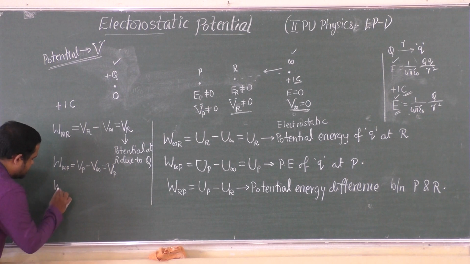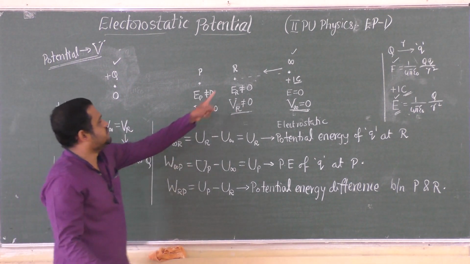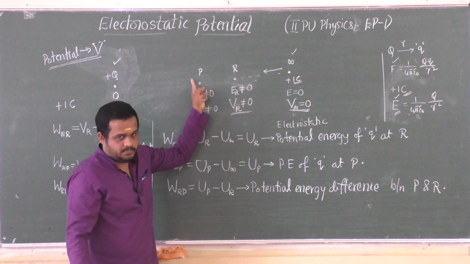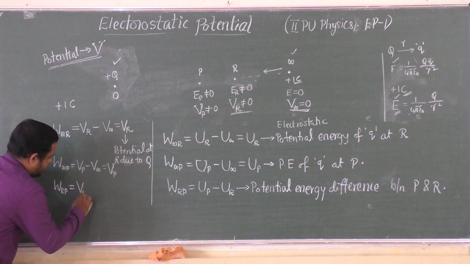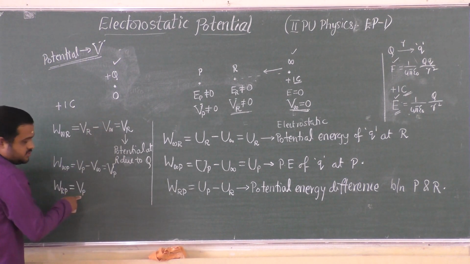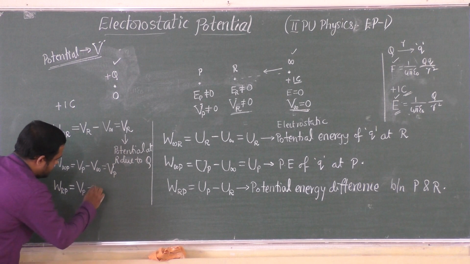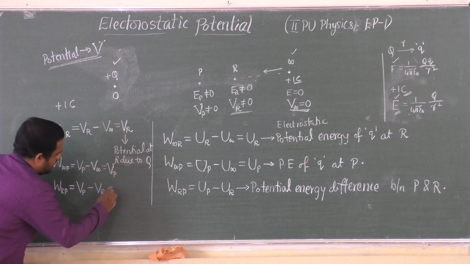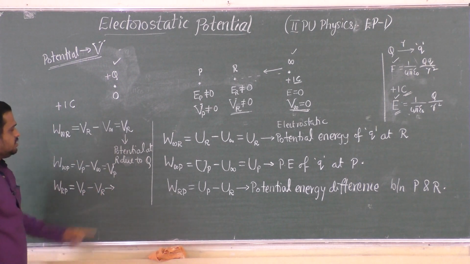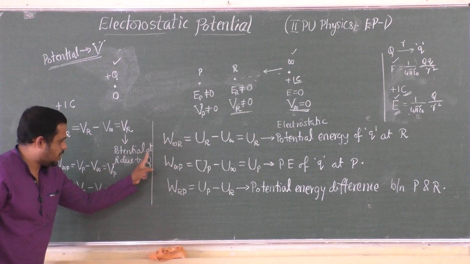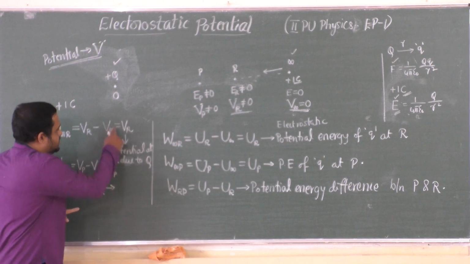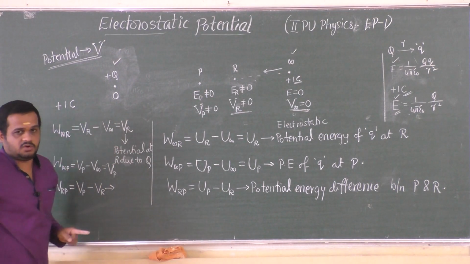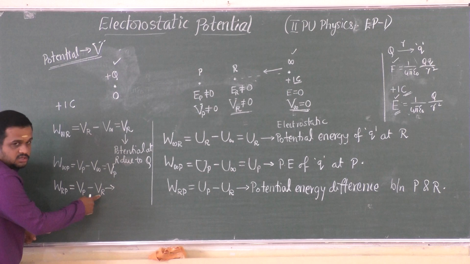Similarly, if you consider points R and P, the amount of work done in shifting the charge from R to P is equal to final potential energy of unit positive charge, that is electric potential at P minus electric potential at R. This is potential at point R, this is potential at point P. In the earlier case one of the terms in the difference was 0, but here these two are non-zero values.